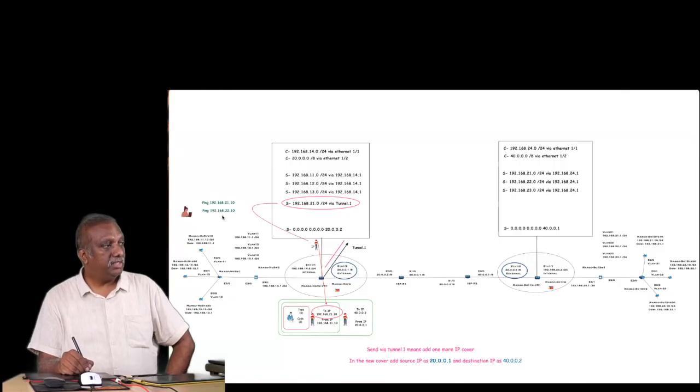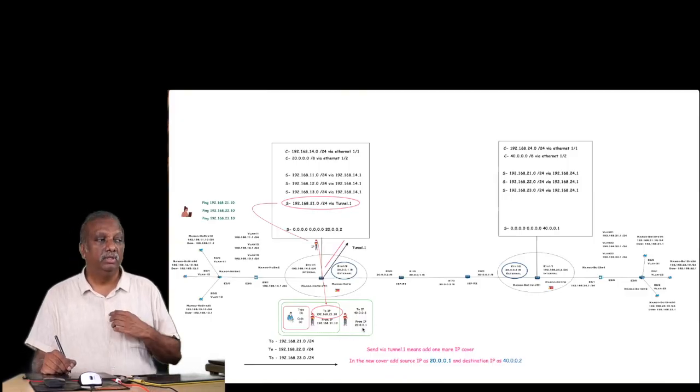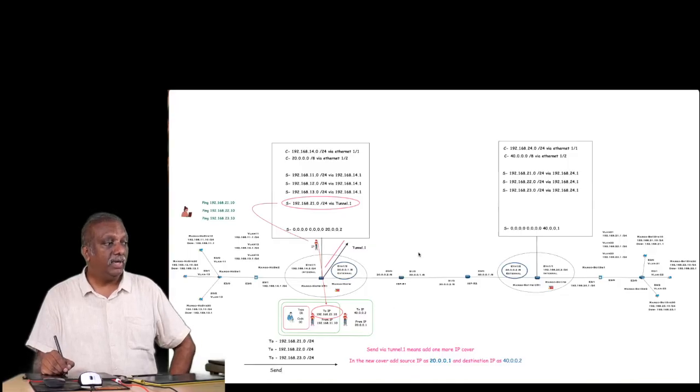Similarly, when somebody sends a packet to 22.10, or when the packet is for 23.10, what should I do? For all the network IDs in the branch office, be it 21.0 or 22.0 or 23.0, we say send via the tunnel.1 interface. How do I do that? We do that in the routing table.